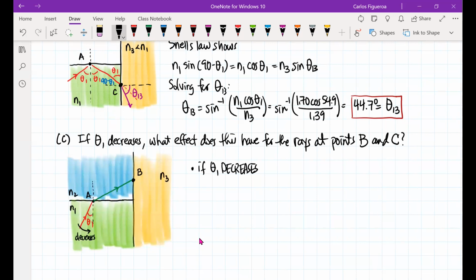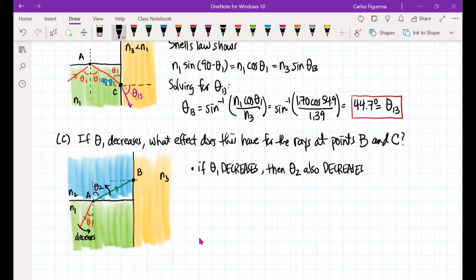And if it decreases, note that this ray, which is theta 2, has to also decrease. So if theta 1 decreases, then theta 2 also decreases. But wait a minute.